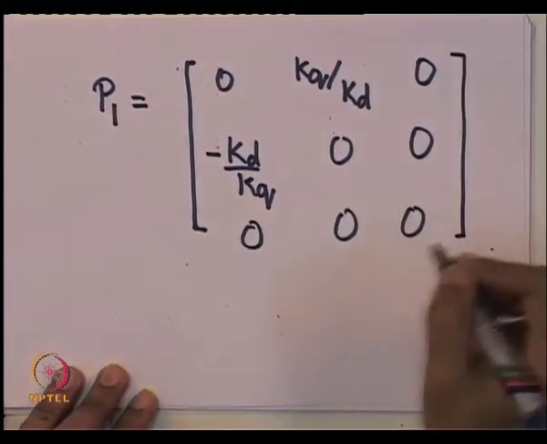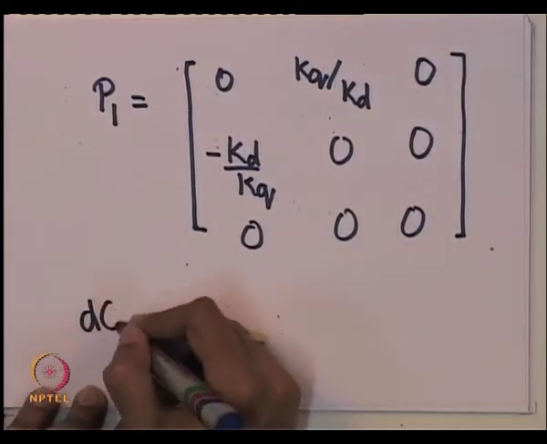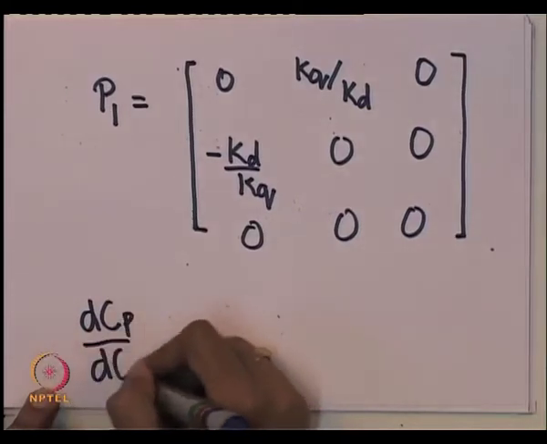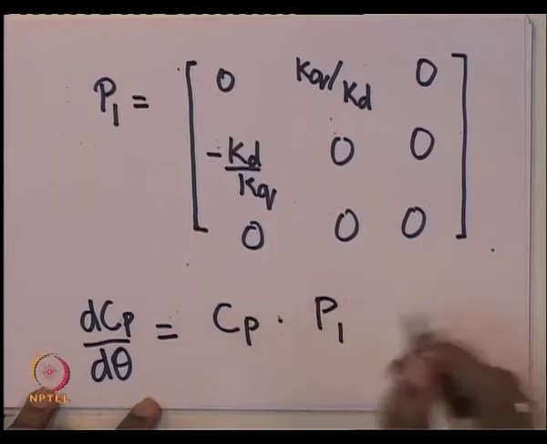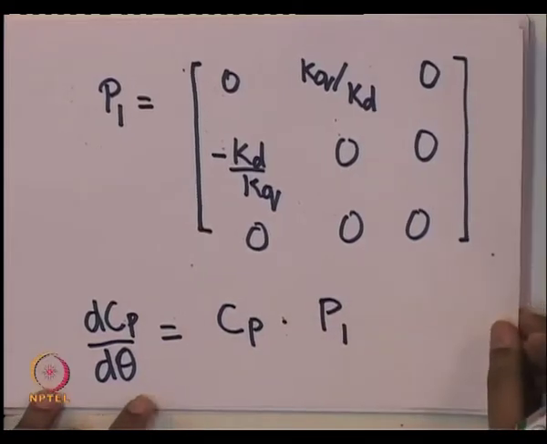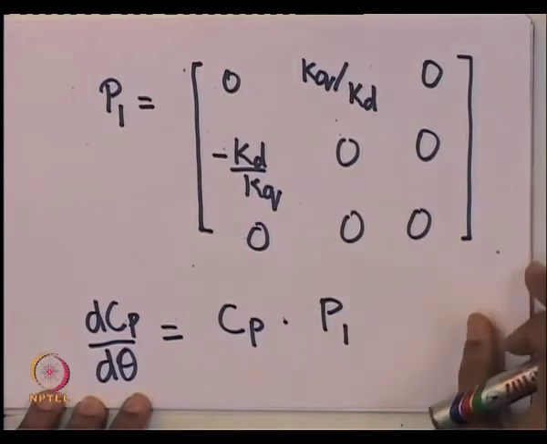So, let me just repeat, d Cp by d theta is equal to Cp times P1, where P1 is this.